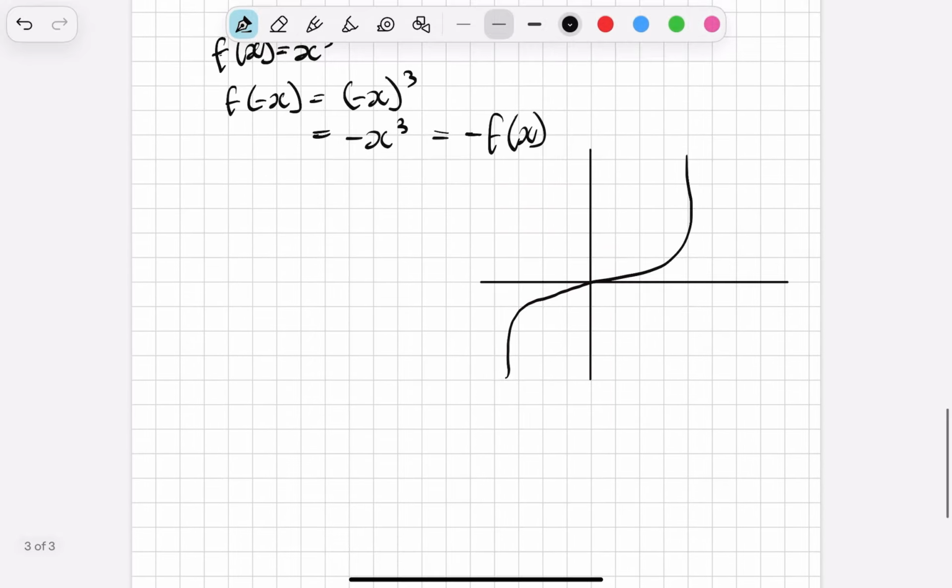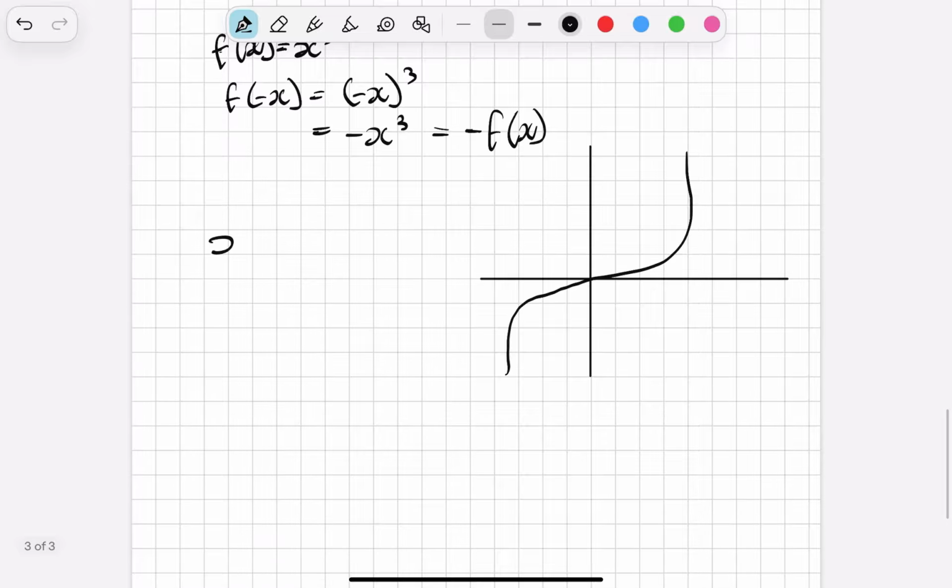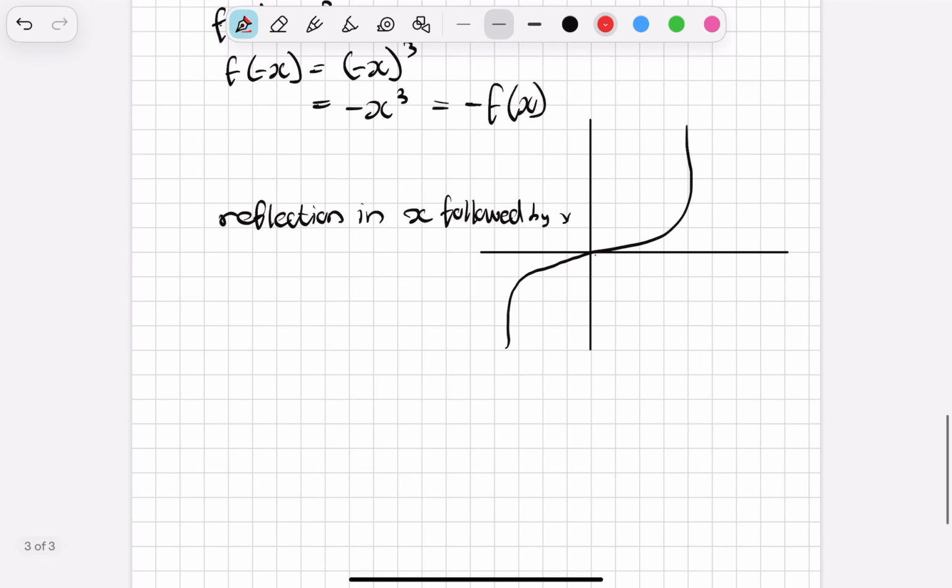We can also see this as a reflection in x followed by y, or vice versa. So if you reflect our first quadrant in the x-axis, we'll have something like this, then the y just overlaps onto the part of the graph in this quadrant.